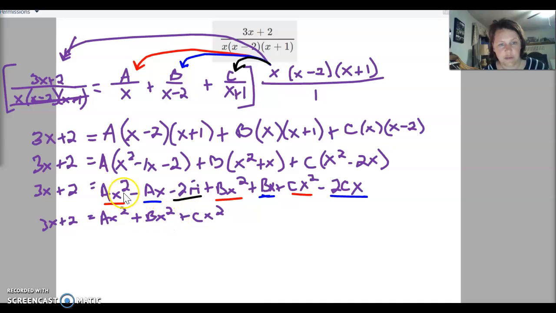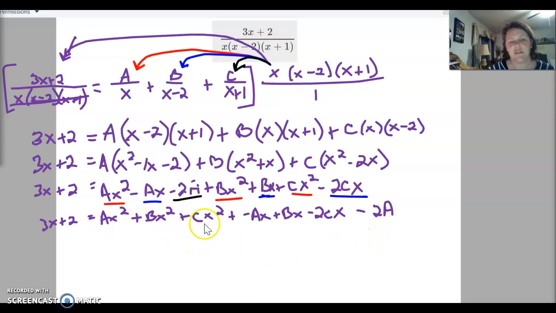So that's all of our x squared terms. We got all of those taken care of. So now let's go to our blue, and I'm going to make that a plus a negative ax, and then plus bx, and then minus 2cx. Okay, and then last of all, we have our minus 2a that is our constant.